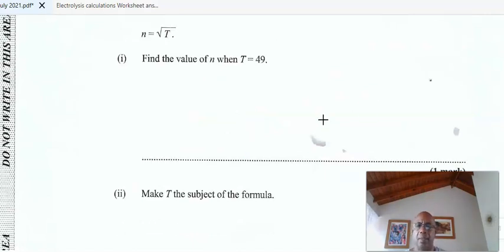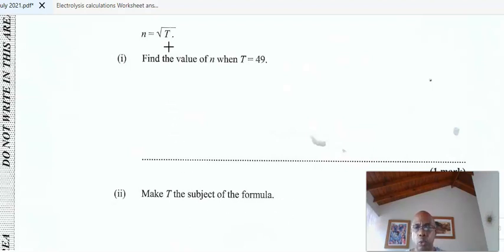Part 2 asks to make T the subject of the formula. That's in the same equation, N equals the square root of T. Now, this is the part of basic algebra called changing the subject of a formula.